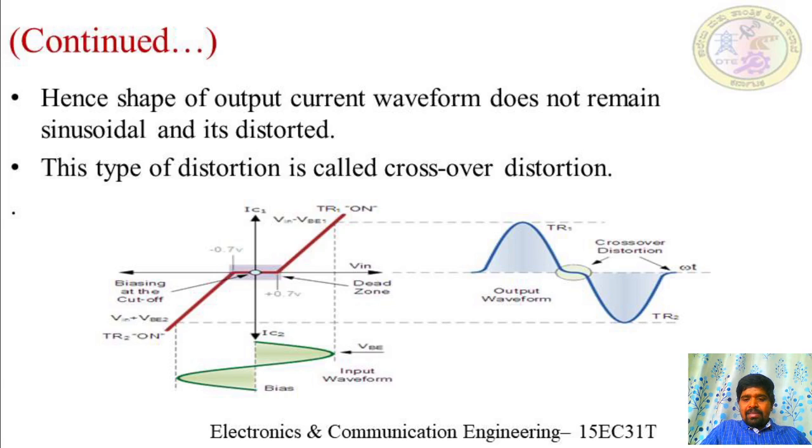Whereas at this point the output will be zero, even though some input is present. So that's why, instead of a complete sinusoidal signal, we get a distorted signal. This distortion we call crossover distortion, and it occurs mainly in the class B push-pull amplifier.